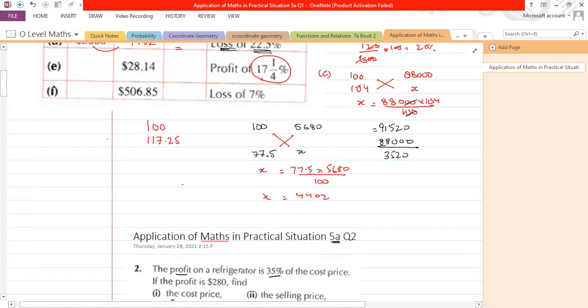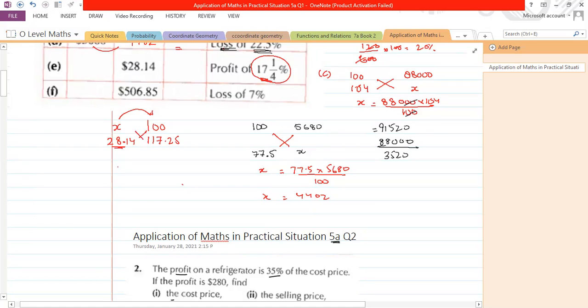So we know 117.25 is 28.14. So that was an unknown amount, that was 100%, to which a profit of 17.25 was added, that led it up to 28.14. So this is how you are going to do it.